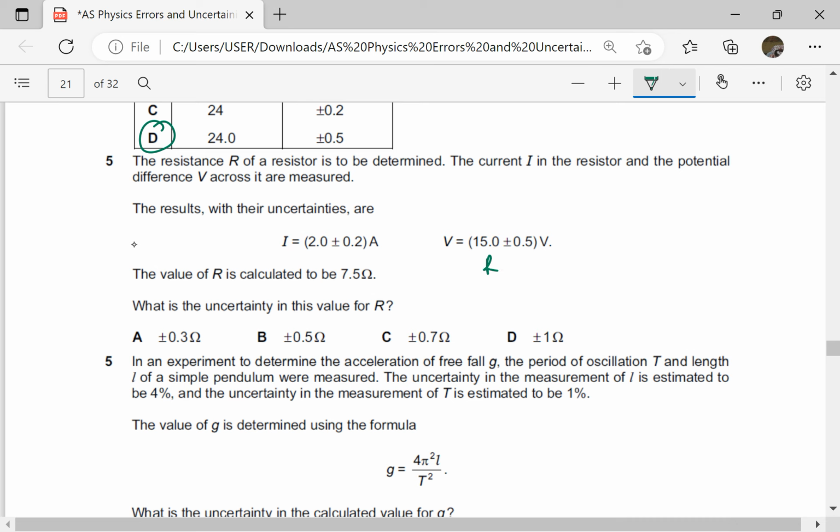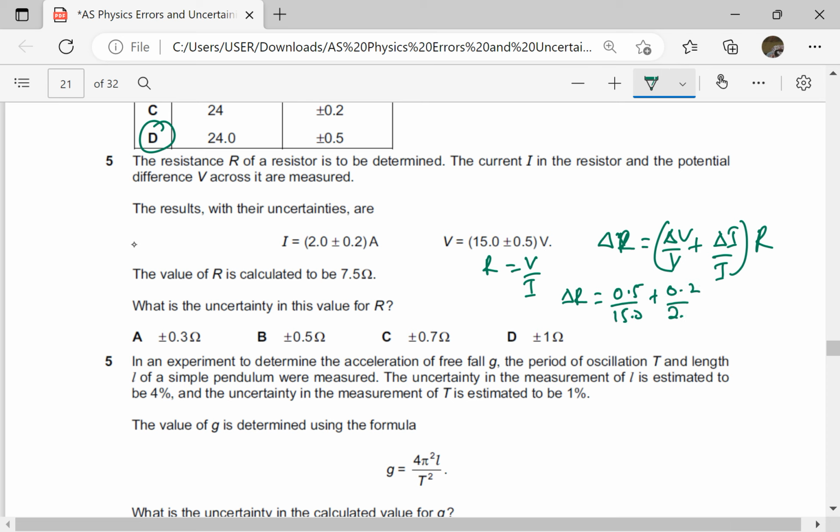Since we know that R is equal to V divided by I, the absolute uncertainty in R is going to be the absolute uncertainty in V divided by V, plus the absolute uncertainty in I divided by I. Then I'll multiply this by the value of R. So the absolute uncertainty in R is going to be 0.5 divided by 15.0 plus 0.2 divided by 2.0, then multiplied by the value of R, which is 7.5.